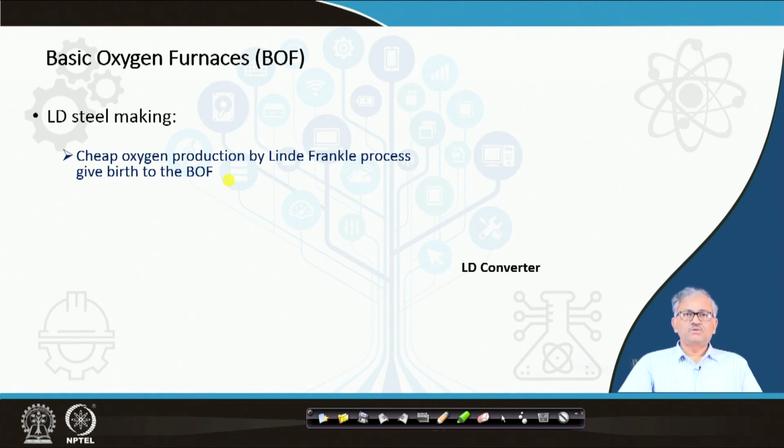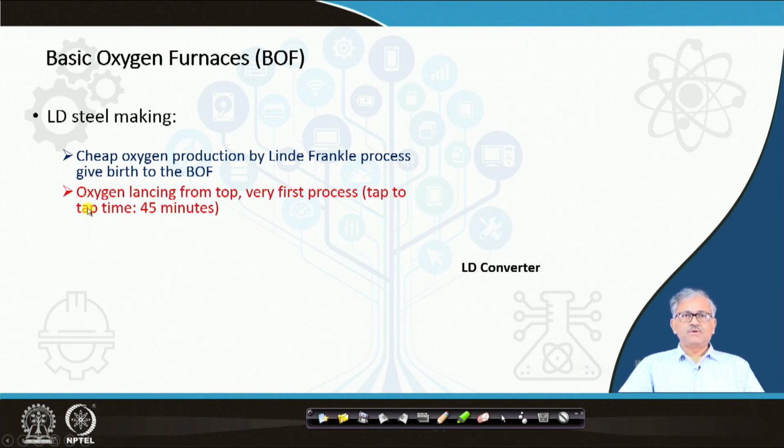So technology was such that you could produce cheap oxygen. And oxygen lancing, obviously since oxygen is there, was done from the top in this furnace, and tap to tap time was only 45 minutes, because here the refining characteristic is different.